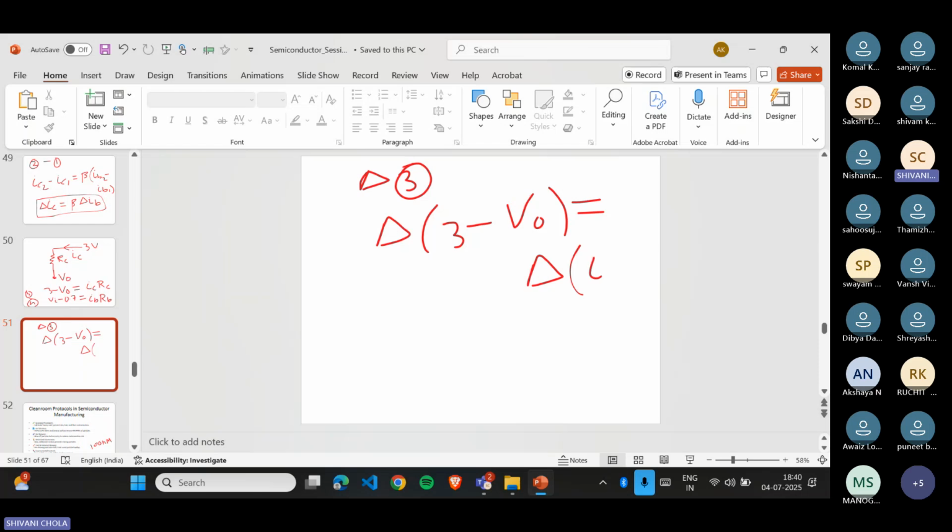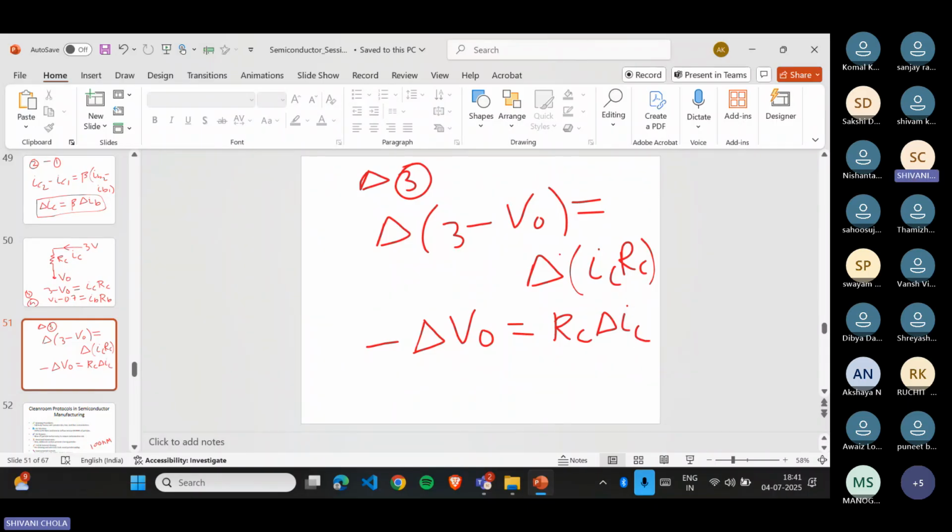I'm just operating it with delta. So delta of constant is always 0. If this is not clear, I'll explain it again. Since RC is constant, can I write it like this?